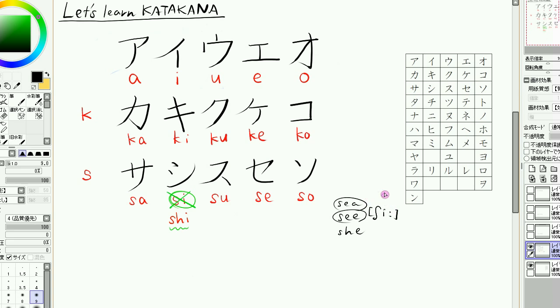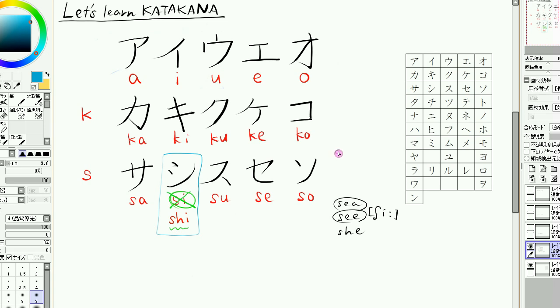So it's very confusing, right? Well, the reason is that we don't have si in original Japanese. So be careful. The consonant changes only for this one. Yeah, be careful.